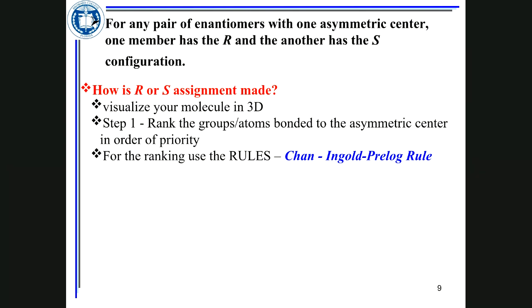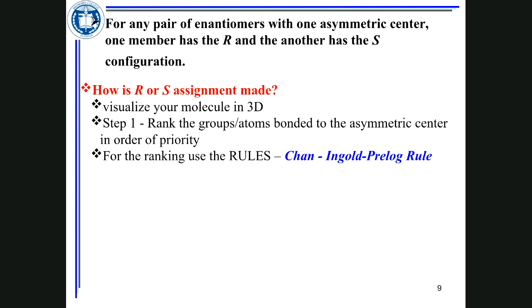So what happens if I flip this molecule and I bring the lowest priority, the hydrogen, priority number 4, toward you? Now, we assigned S for this molecule, right?